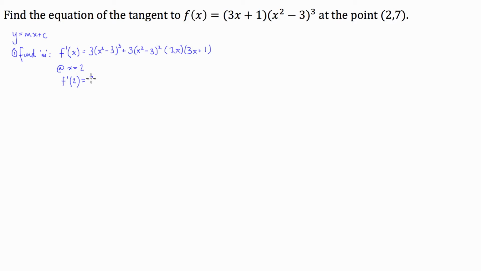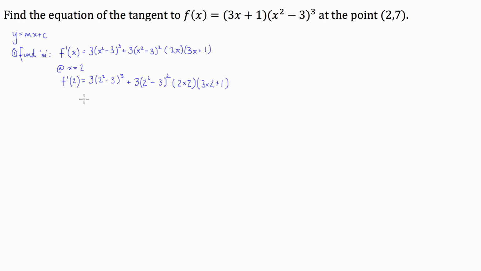So we're going to have 3 times (2 squared minus 3) all cubed, plus 3 times (2 squared minus 3) all squared times 2 times 2, times (3 times 2 plus 1). Cool, sorry about my handwriting there.